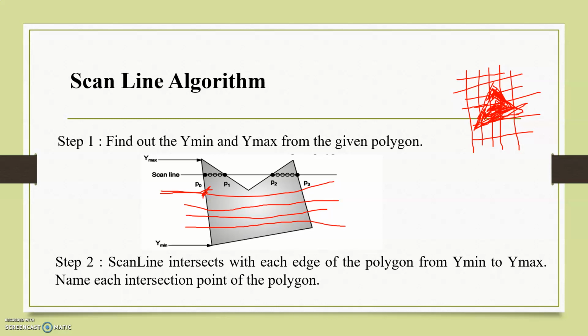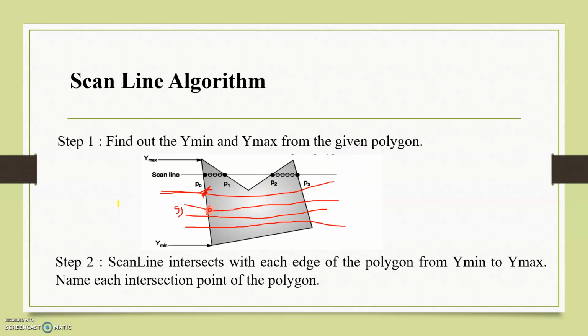If this is your P1 and this is your P2, then you need to make a pair of that line, the P1 and P2 line, and then fill the pixels of this scanline. Again you can consider this third scanline. In this scanline, you have to find the intersection points.